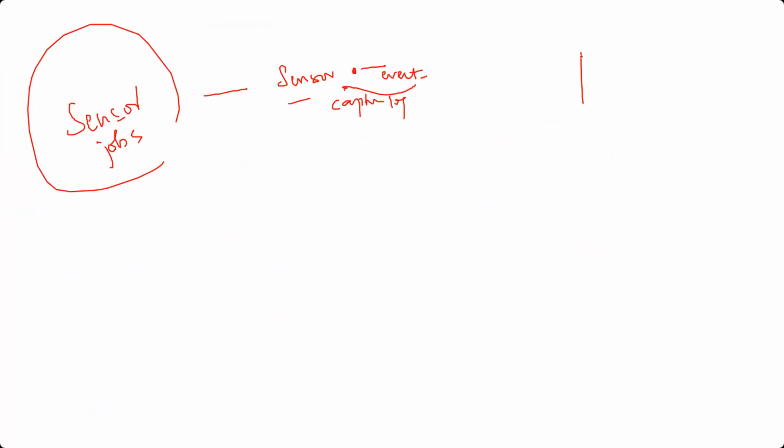For example, imagine you went to a shopping mall, and there are sliding doors which automatically open because there is a sensor which senses your presence maybe 2 feet from the door. So the sensor is watchful all the time for an event. What is that event? An object entering the range of 2 feet before the sliding door. Once that event occurs, only then will it log the event. These are sensor jobs.